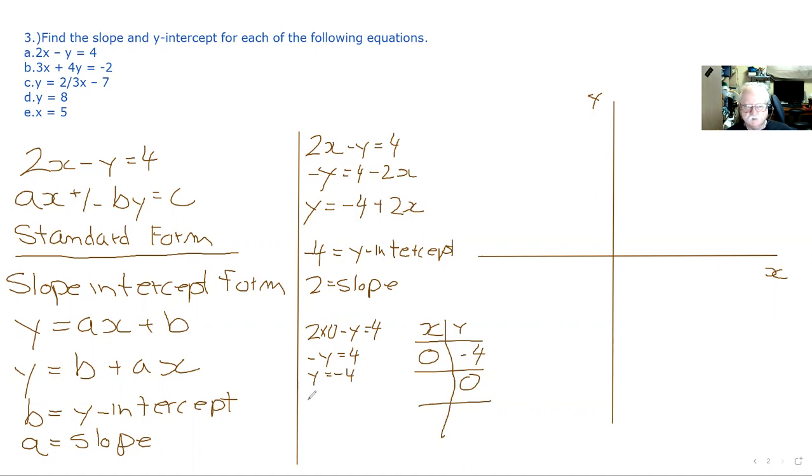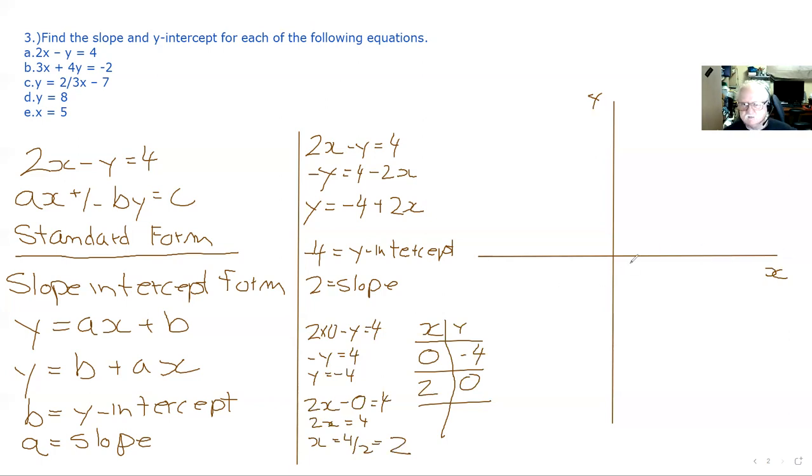And when we go 2x take away 0 equals 4, becomes 2x equals 4, and x equals 4 divided by 2, which equals 2. So we have 2 points on this line. Let's graph it.